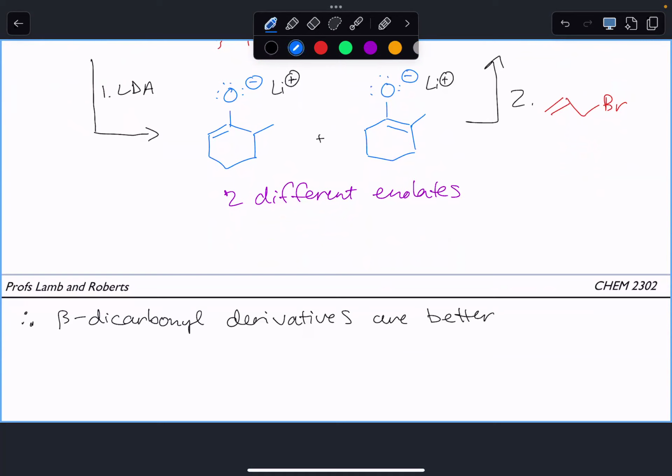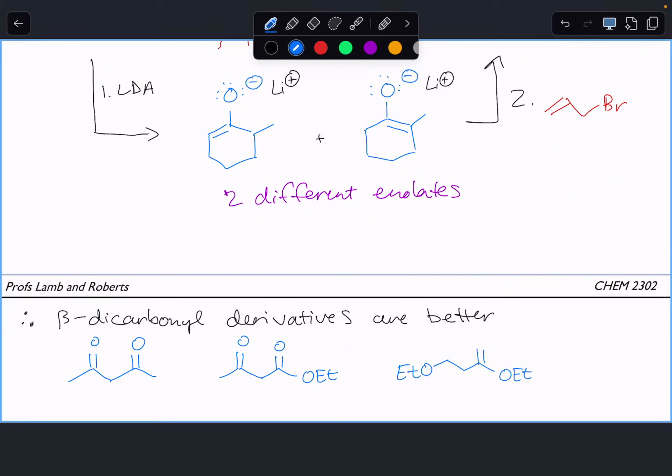So let's remind ourselves of what beta-dicarbonyls are. We talked about this a week ago when we were introducing enolates, right? We can have two ketones. We could have one ketone and one ester, for example, or we could have two esters. Like so.